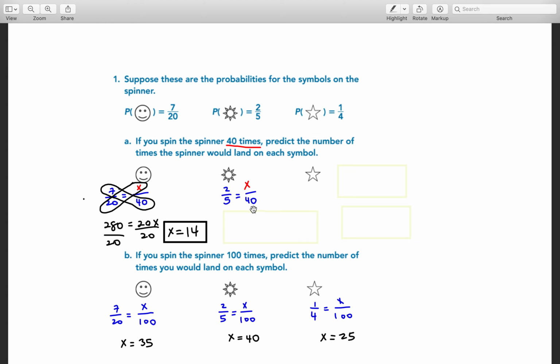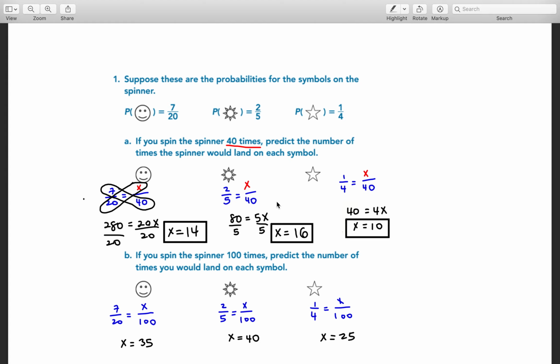You can simplify or cross multiply, or notice that 5 times 8 is 40, so 8 times 2 is 16. So it's 80 is equal to 5x, you divide both sides by 5, and x is equal to 16. Same thing for the star: 1 over 4 is equal to x over 40. 4 times 10 is 40, so 1 times 10 is 10. So x is equal to 10.